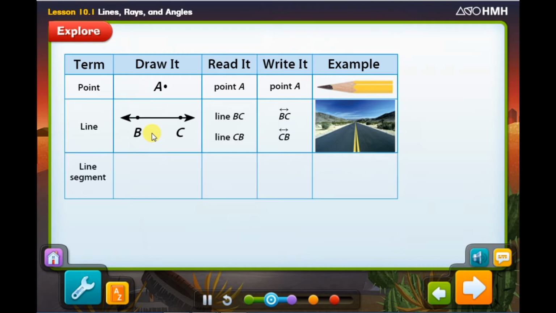A line segment is part of a line between 2 endpoints. So again, let's review the line before moving to the line segment.